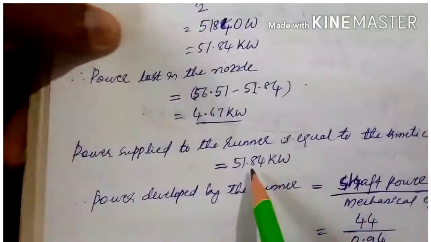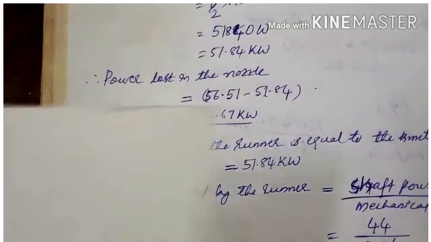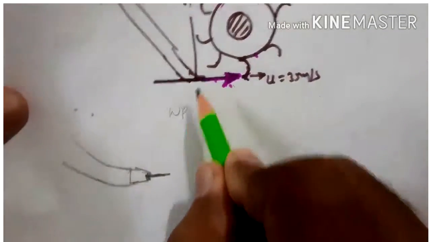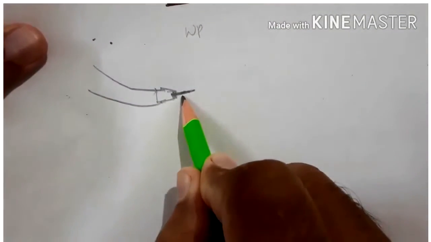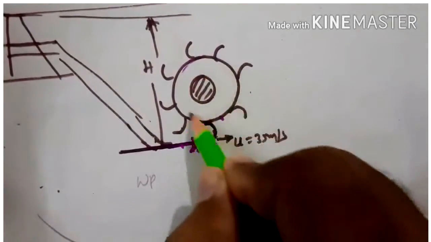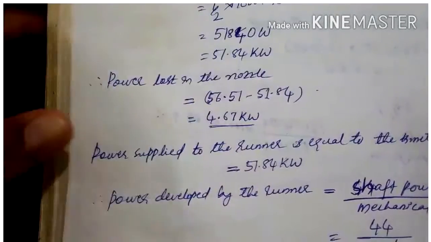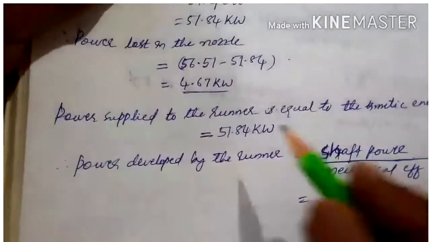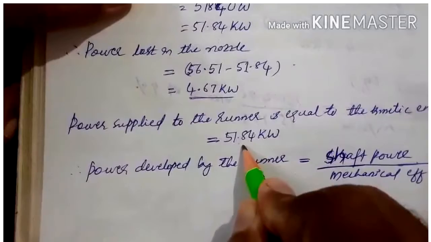That is, the power available at the nozzle exit is transferred to the runner through the buckets. So 51.84 will be the power available at the runner.